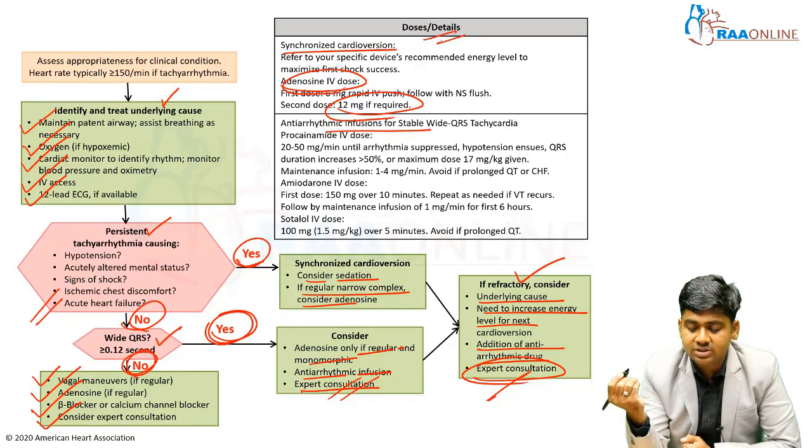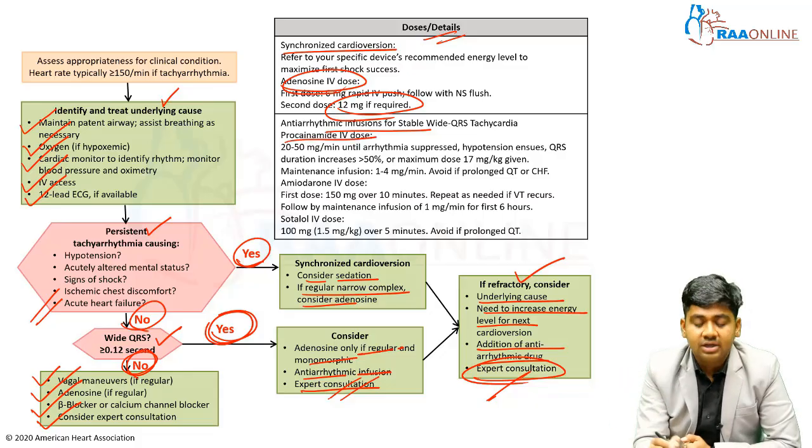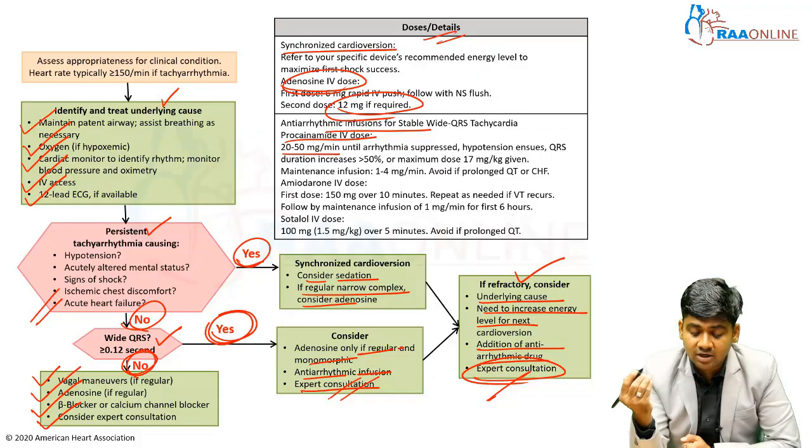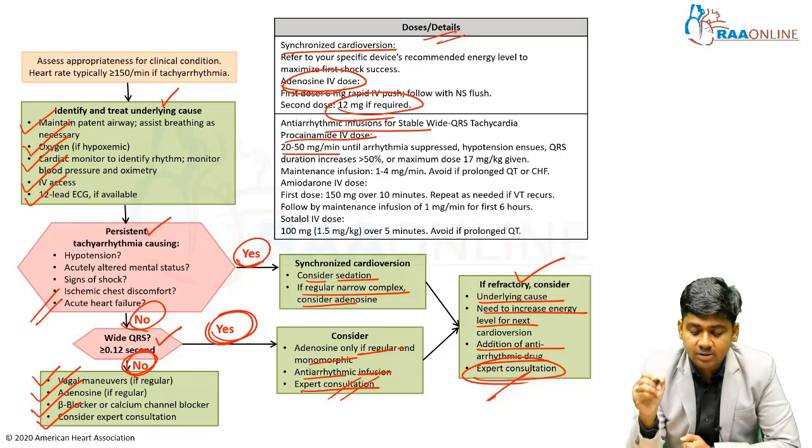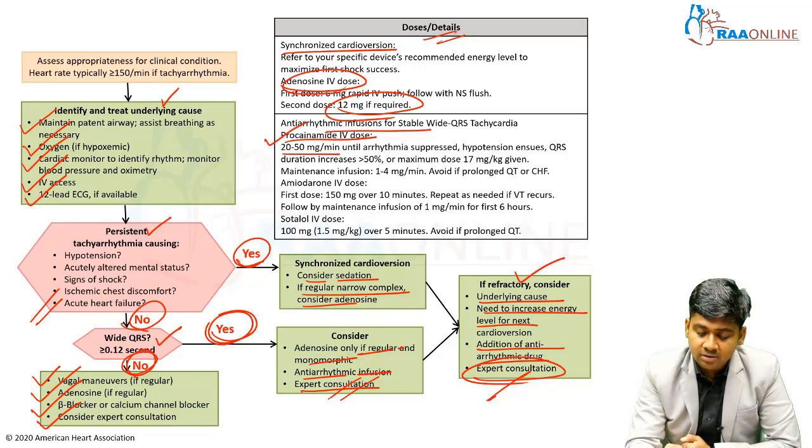Antiarrhythmic infusion for stable wide QRS tachycardia: procainamide IV dose is 20 to 50 mg per minute. What are the drugs you see? In case of bradycardia, they are dopamine, atropine and epinephrine. Here in case of tachycardia, procainamide, maintenance infusion and amiodarone.